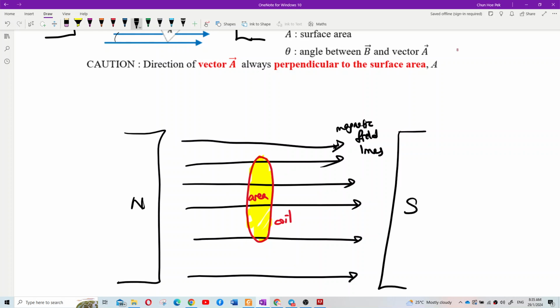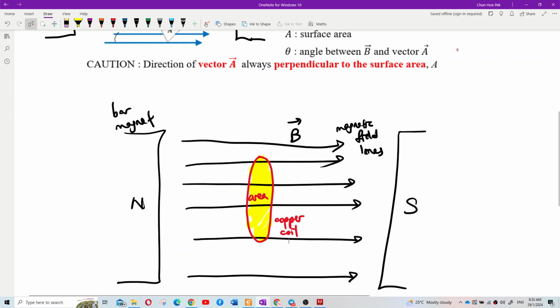You have a bar magnet here. You have magnetic field lines, and the symbol for magnetic field is B. Then you have a coil here, maybe a copper coil.